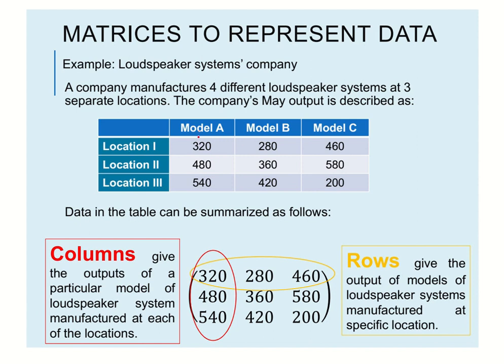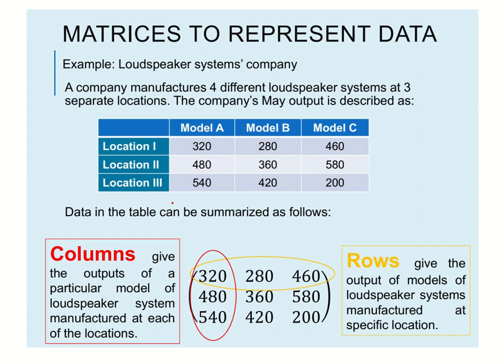All right, so the numbers here represent the units of the loudspeaker. Okay, so for location 1, it manufactures 332 units of Model A, 280 of Model B, 460 of Model C, right? And for location 2, it manufactures certain units of Model A, B, and C, and for location 3 as well.